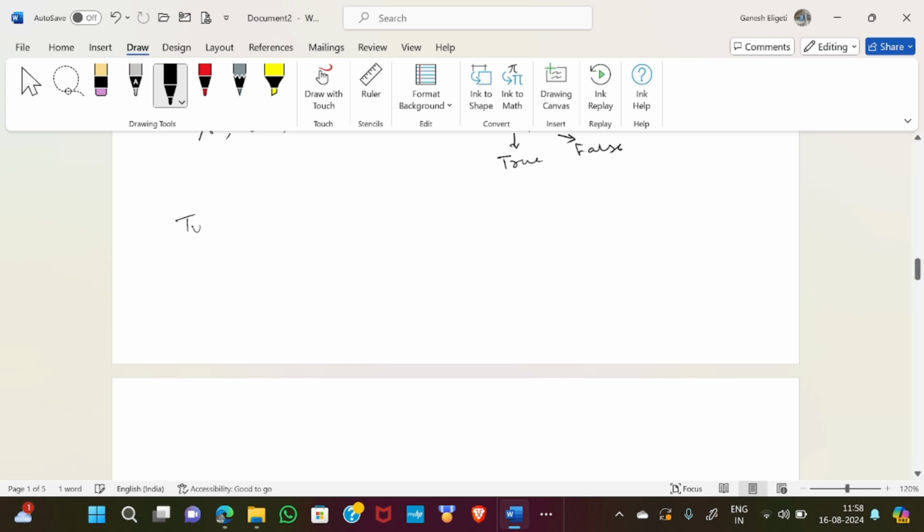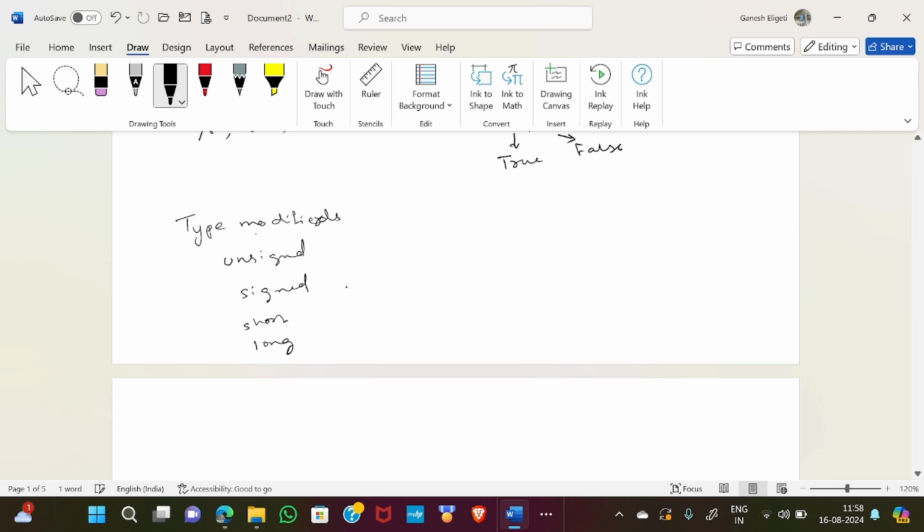Then let's see what type modifiers are. Right. So in this, there are unsigned, signed, short, and long.